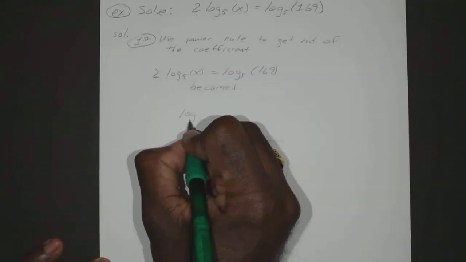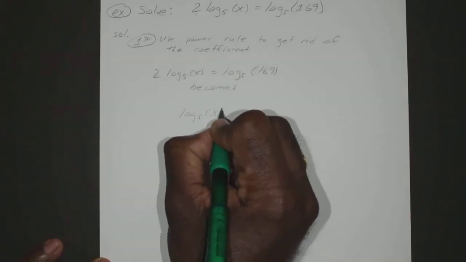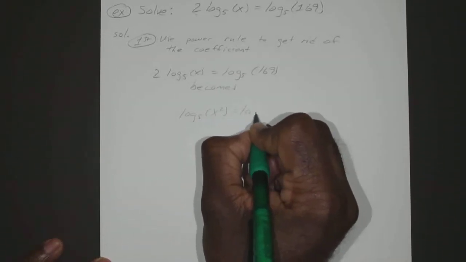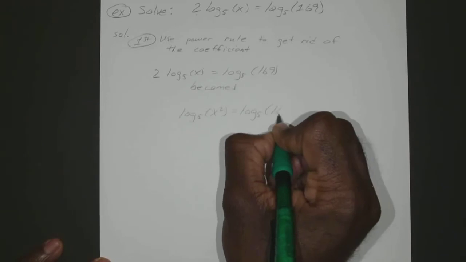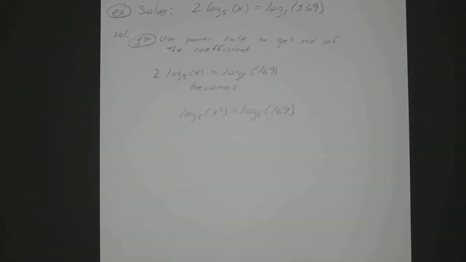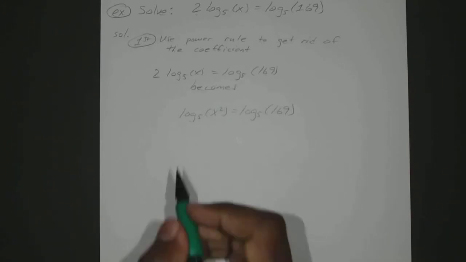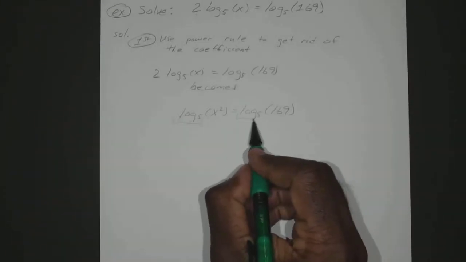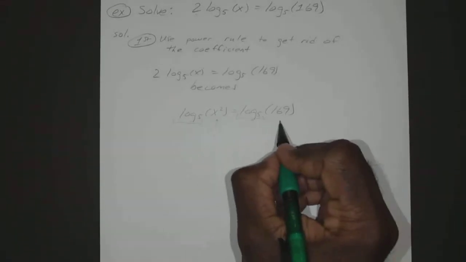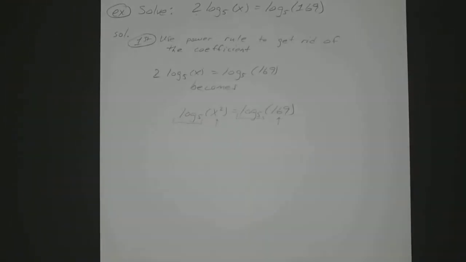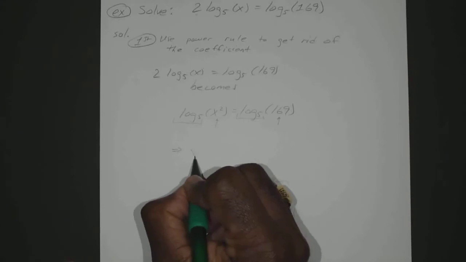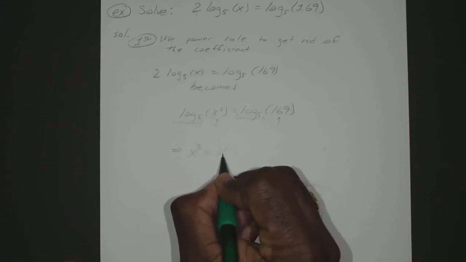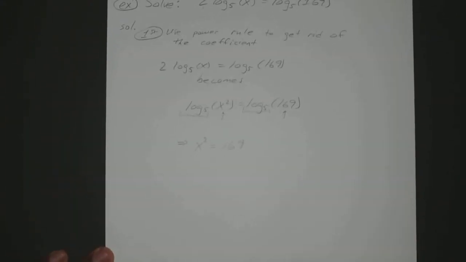So you have log base 5 of x squared equals log base 5 of 169. You have log base 5 on both sides, so these two have to be equal for it to be true. So x squared has to equal 169.